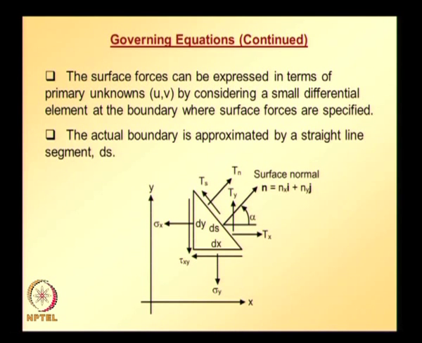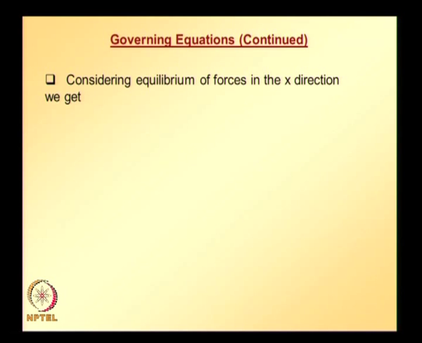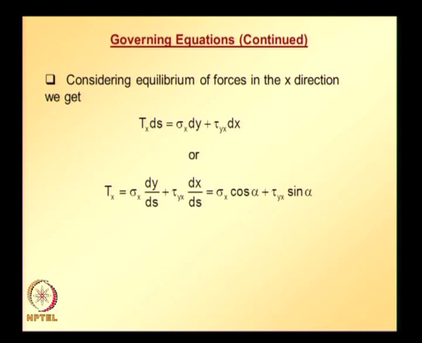The actual boundary is approximated by a straight line segment ds, the idealized boundary, and writing equilibrium equations considering equilibrium of forces in the x direction, we get this, and dividing this equation on both sides by ds, we get this.